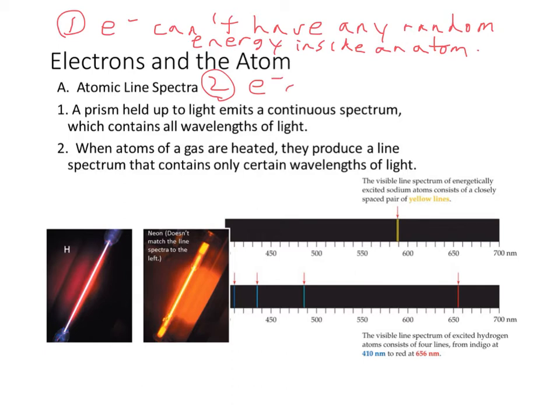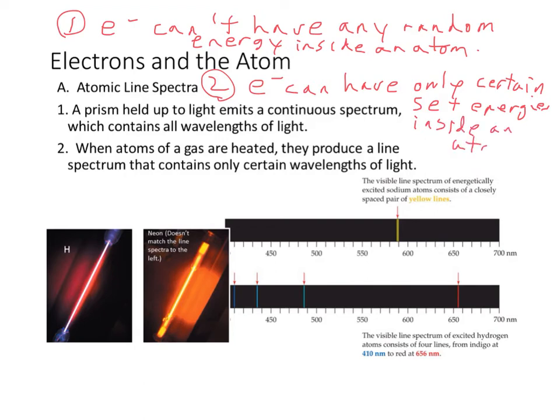Instead, electrons can have only certain set energies inside an atom. And then here's another conclusion that I think your book should have included but didn't.